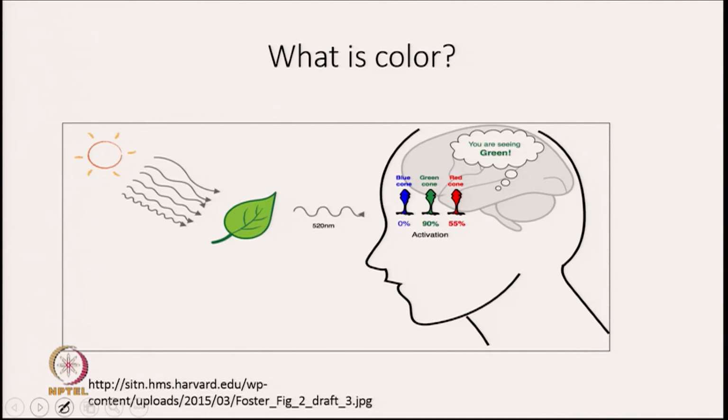When it reaches our eye, the different cones associated with the retina get stimulated to different extents. For example, when green light reaches our eye, the green cones are stimulated to 90% and similarly a bit of the red cones are also stimulated, and when that happens you see a green color.